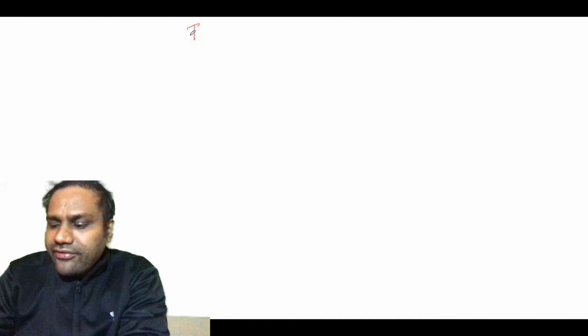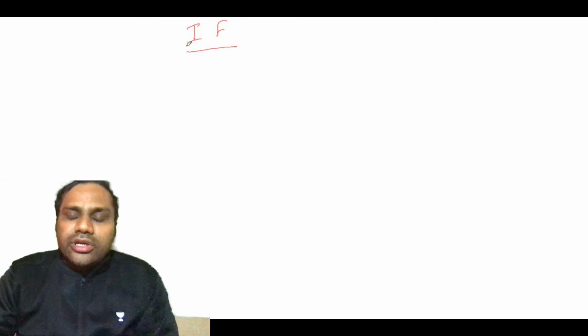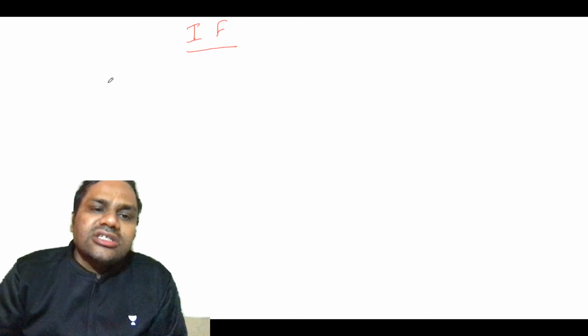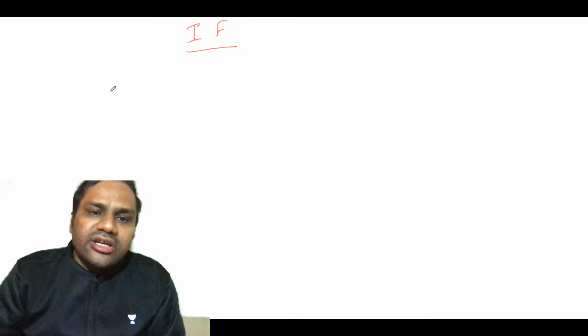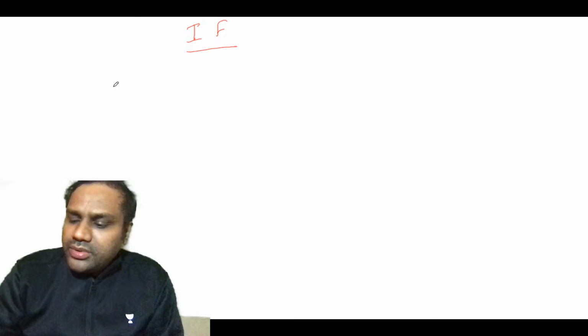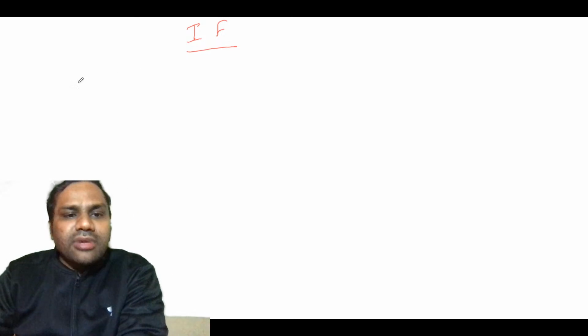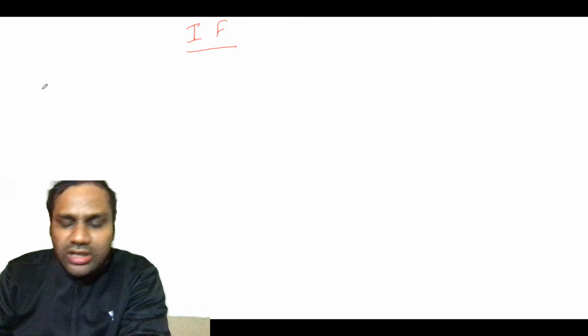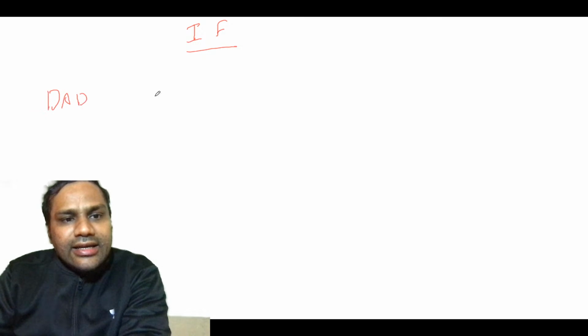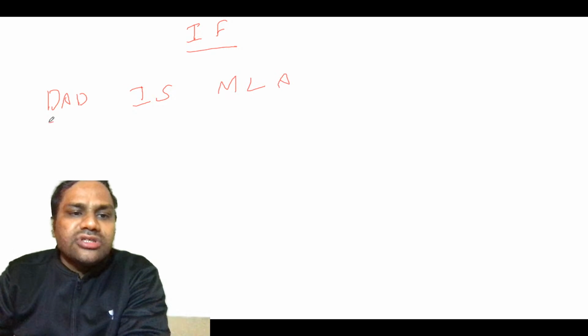Now coming to another important point, immunofluorescence. What will immunofluorescence show in post-streptococcal glomerulonephritis? To remember immunofluorescence, you need to remember the mnemonic DAD is MLA. I had taught you this way, so just remember it this way.